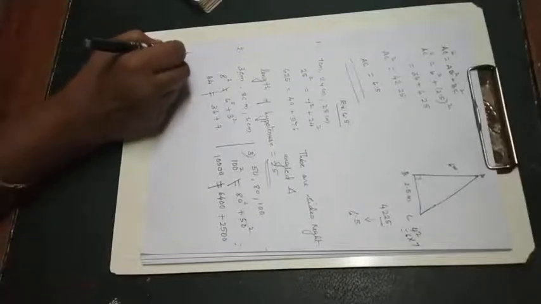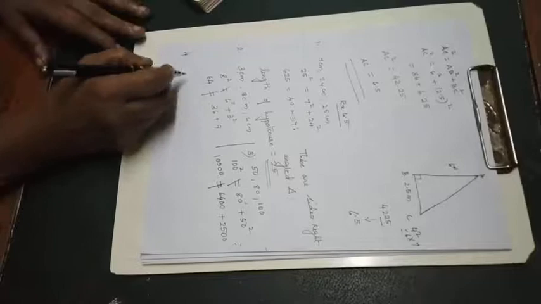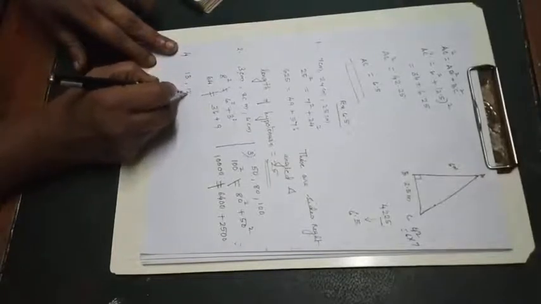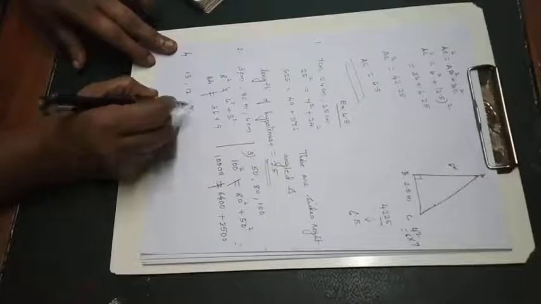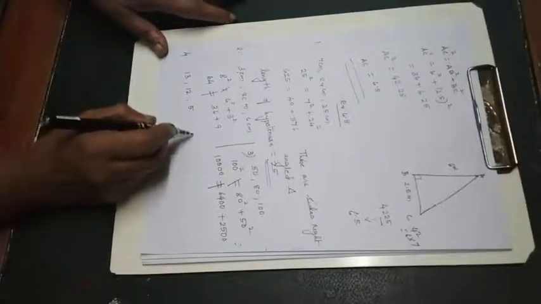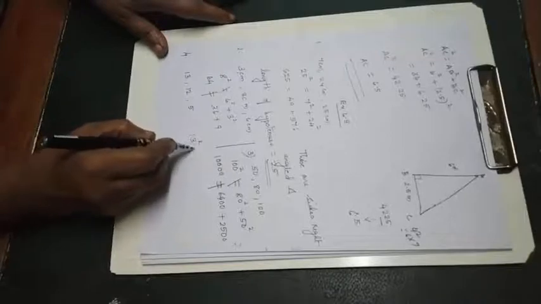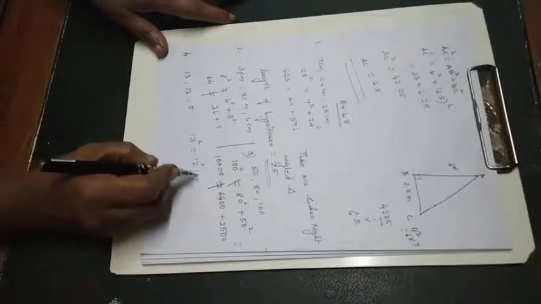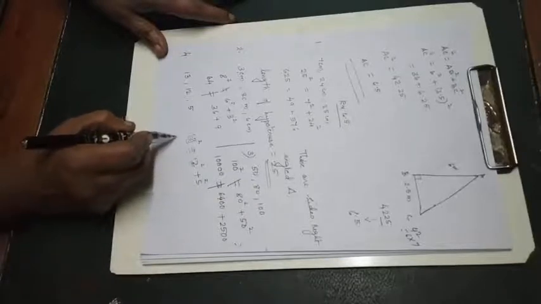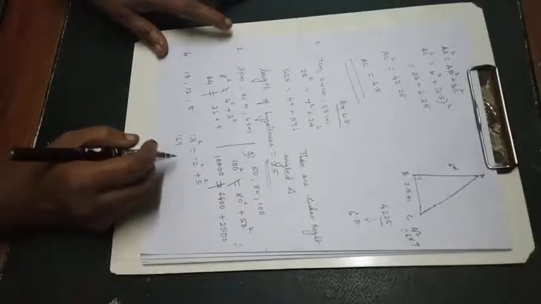Now fourth one, 13, 12 and 5. So 13 is the largest one. So you have to check whether 13 square is equal to 12 square plus 5 square. So 13 square 169.